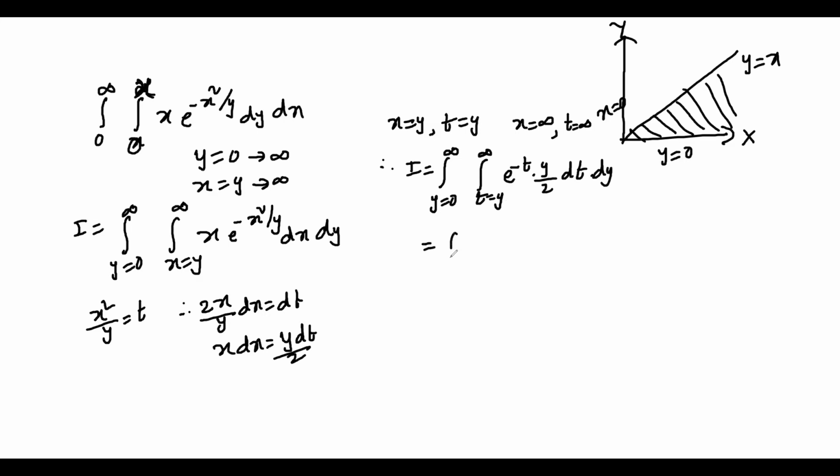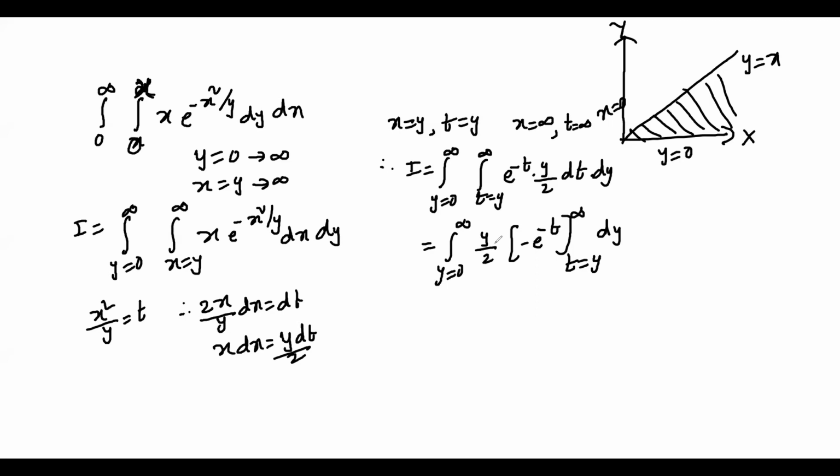Now, integral y is equal to 0 to infinity, y by 2, e power minus t, t is equal to y to infinity into dy. Got the point? Here x is equal to infinity, t is equal to infinity.